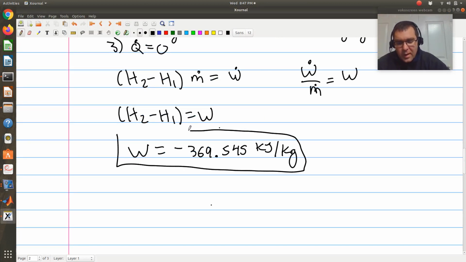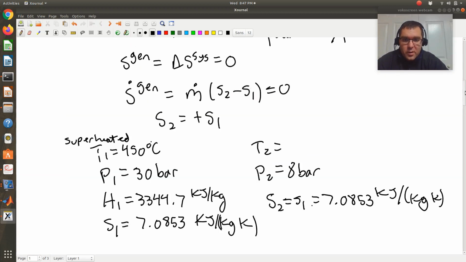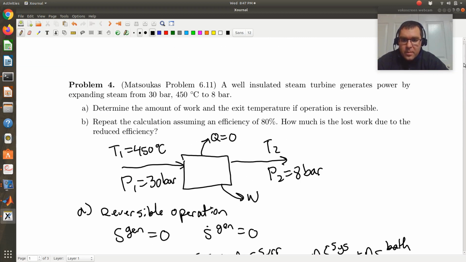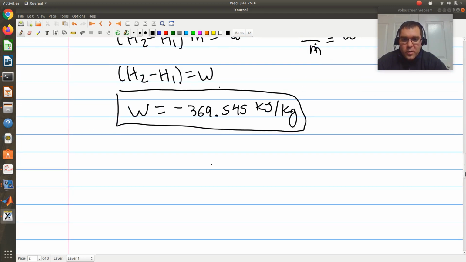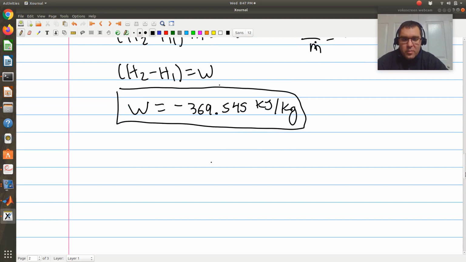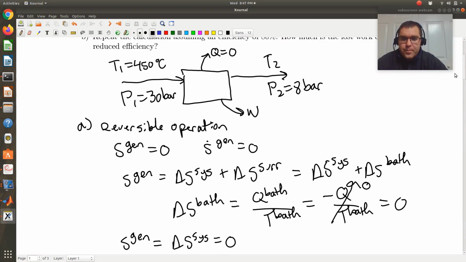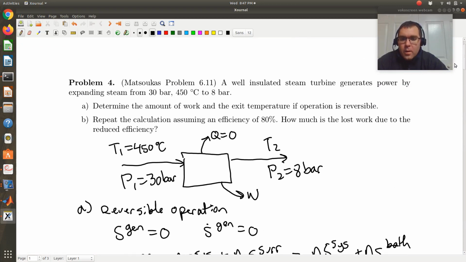It's negative, and that's good because we know that our system's doing work. Our turbine's generating work, so our work is negative. We're producing work. So we've got the exit temperature and the amount of work for a reversible operation, so that's good.